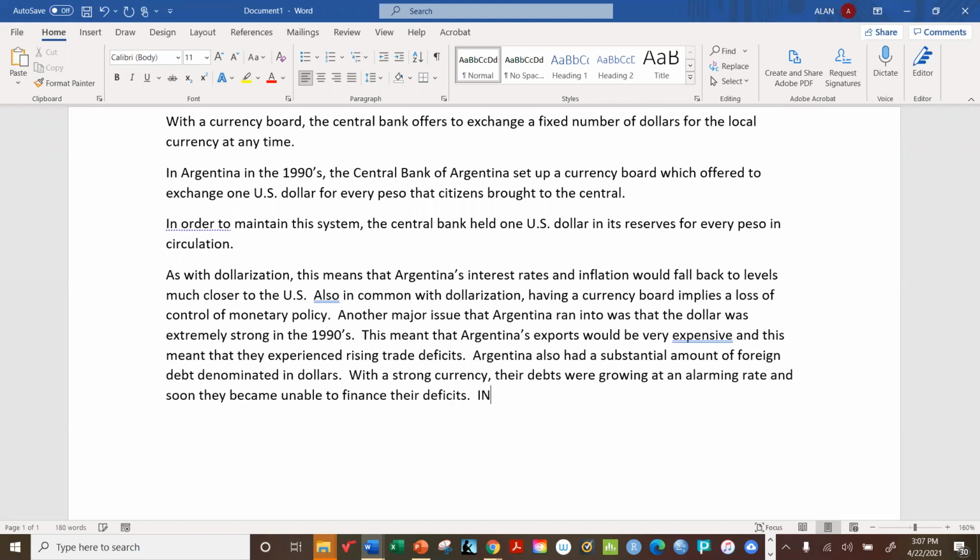In 2001, Argentina defaulted on its foreign debt.